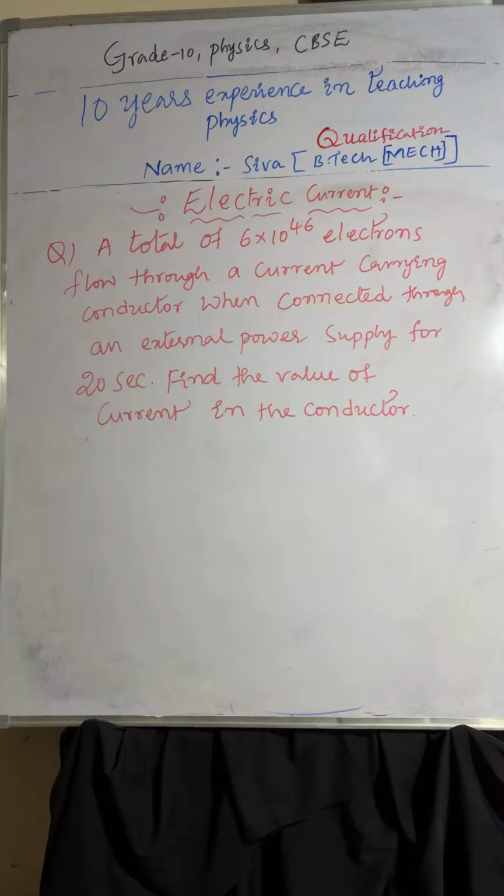Find the value of current in the conductor. How to find out? What formula we have to use? So N given, T given. So we have to find out current.